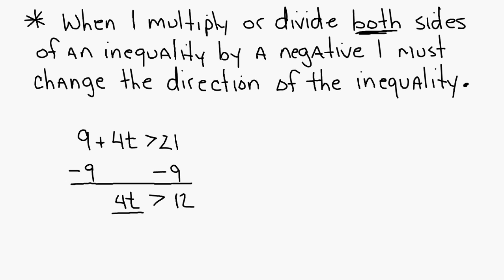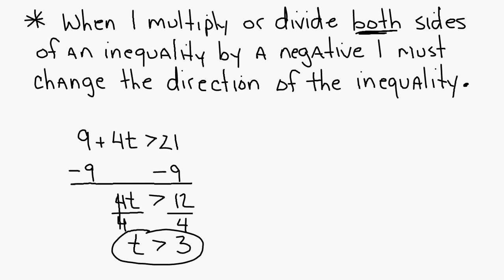And then you would divide both sides by 4. The 4's would cancel. So t would be greater than 12 divided by 4 is 3. So any value greater than 3 would make this inequality true.